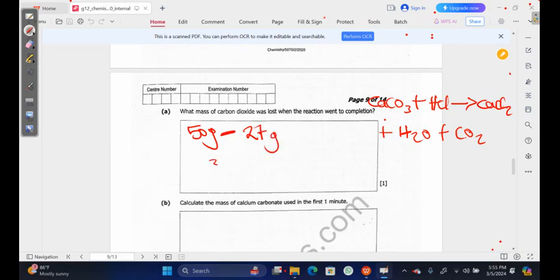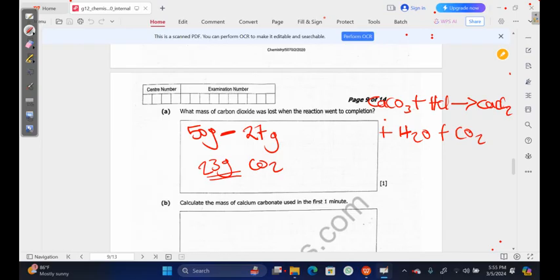It is 3 gram. I mean 23 grams. 50 minus 27 is 23 grams. So 23 grams of carbon dioxide were lost at the end of the reaction.